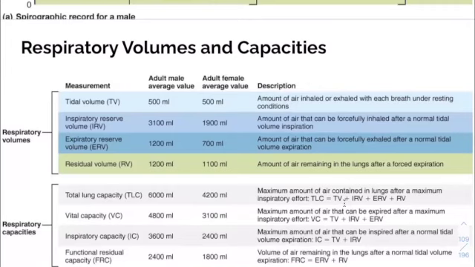So this chart shows respiratory volumes, respiratory capacities. It describes what each of them are, and it kind of gives the average for males and for females. It also shows how to calculate, say, your total lung capacity, how to calculate that vital capacity, how to calculate that inspiratory capacity, and how it's calculated for the functional residual capacity.